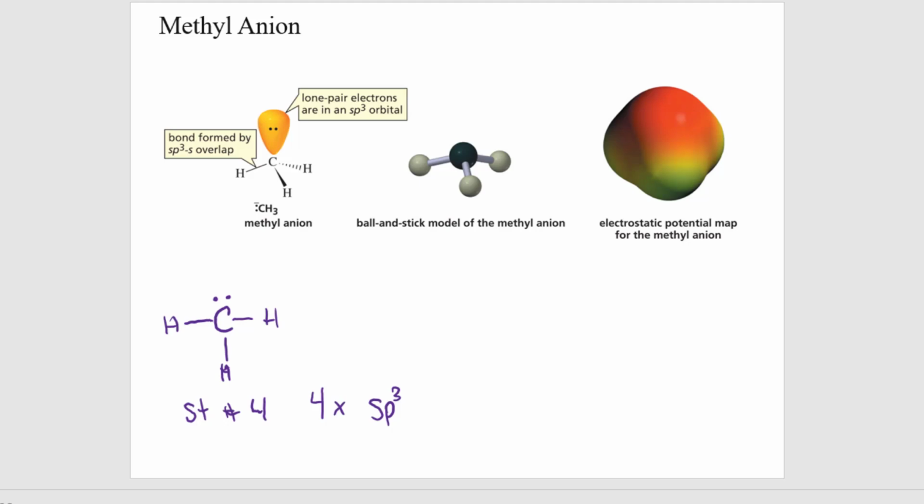So I orient it in an sp3 orientation, which is going to be tetrahedral. You can see the overall geometry here is tetrahedral, but because the lone pair is not considered part of the geometry, I erase it to see really what we're dealing with here, and we have a trigonal pyramidal system for the overall geometry of this methyl anion.